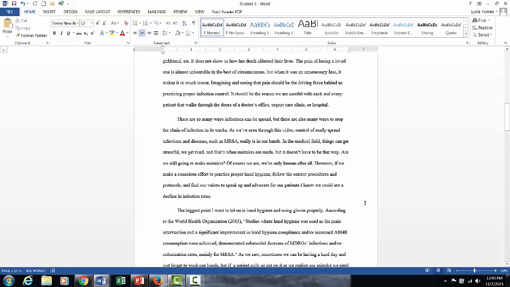Let's see. Moving down here, the biggest point I want to hit on is hand hygiene and using gloves properly. Another way to say this is a significant issue, or a significant prevention method for disease transmission is hand hygiene and using gloves properly.